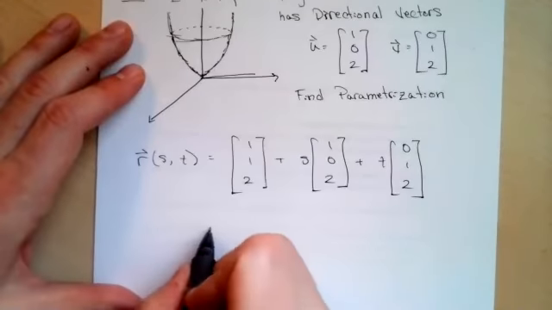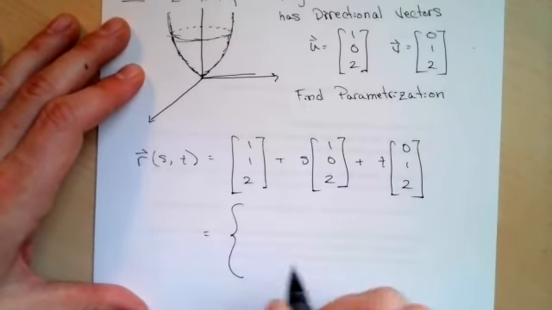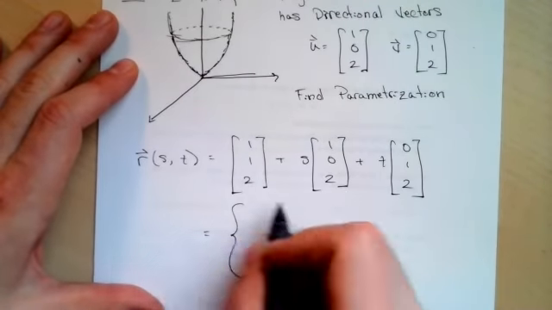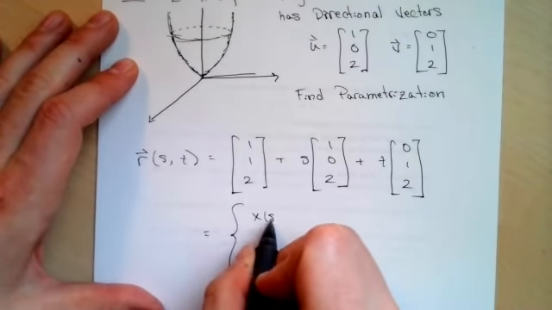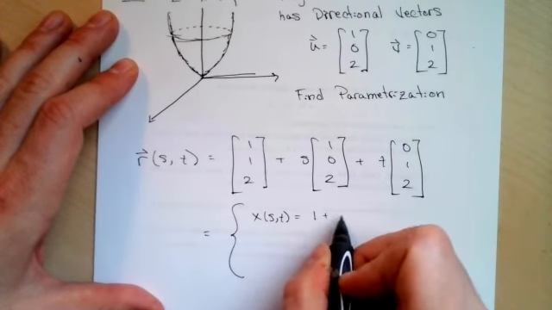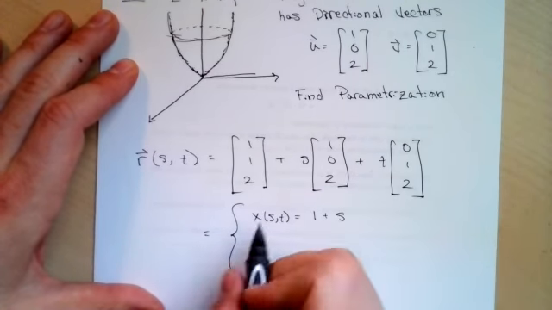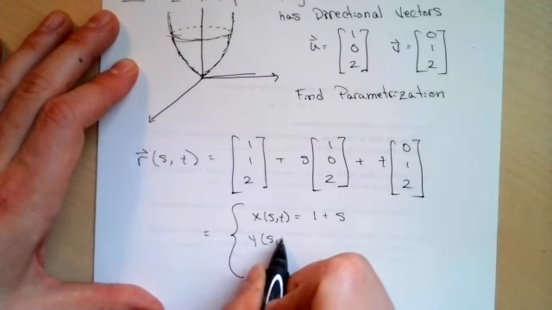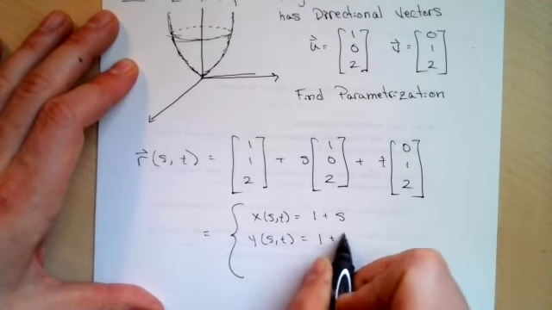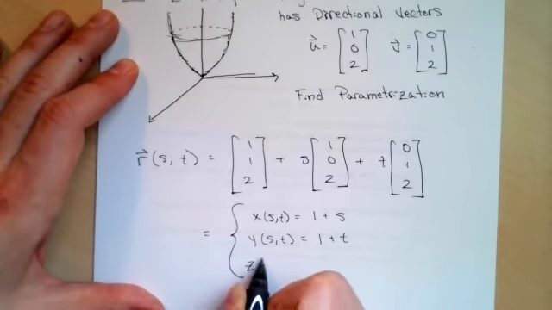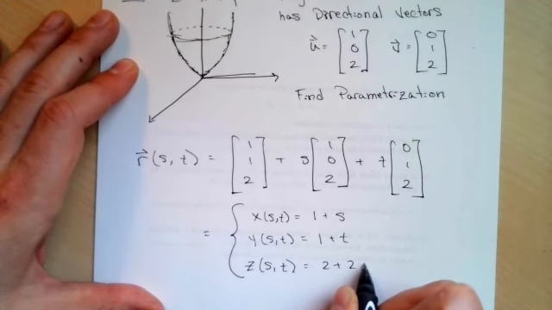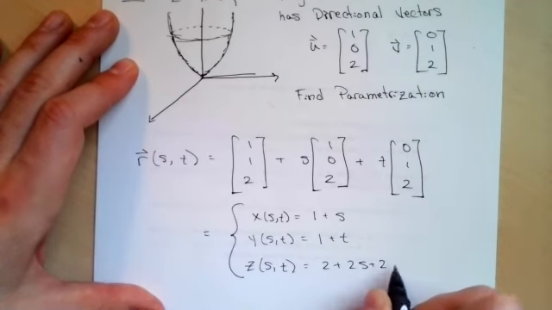And if we wanted to write these in terms of our coordinate positions, parameterizing each specific coordinate, our x coordinate as a function of s and t is going to be 1 plus s plus 0t. y of s and t is going to be 1 plus t. And then our z coordinate is 2 plus 2s plus 2t.